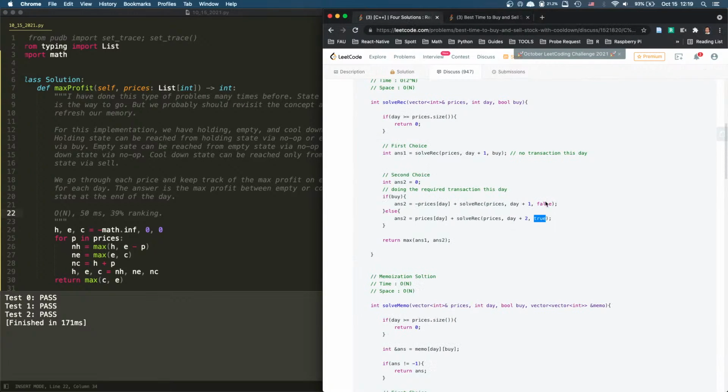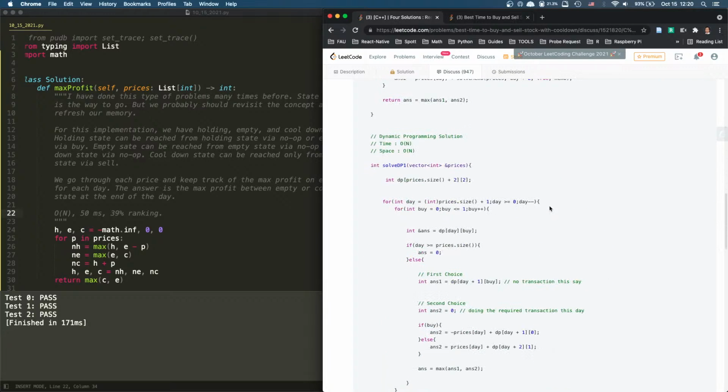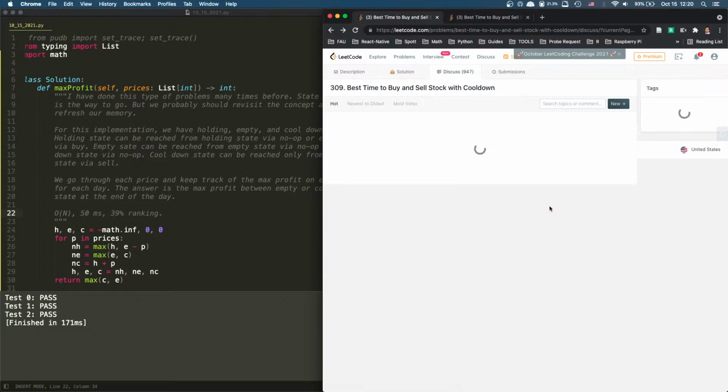I don't know about this logic. It's like say if today I'm buying, then we say tomorrow I cannot buy. I can only sell if I want to do a transaction. But why? I don't like it.